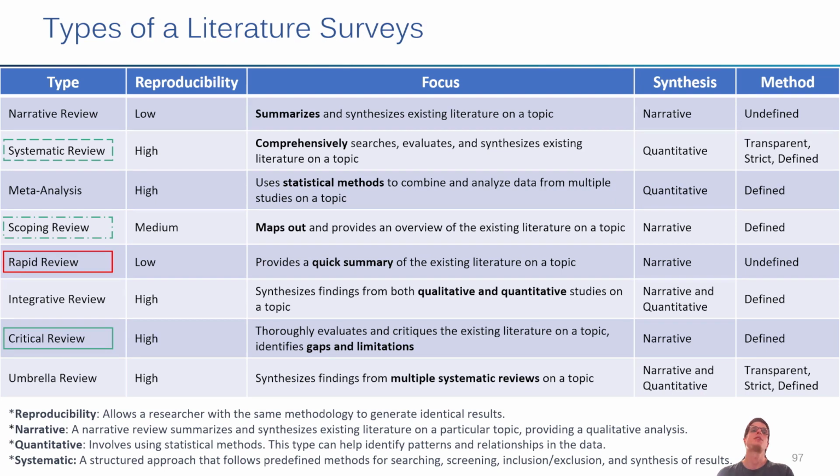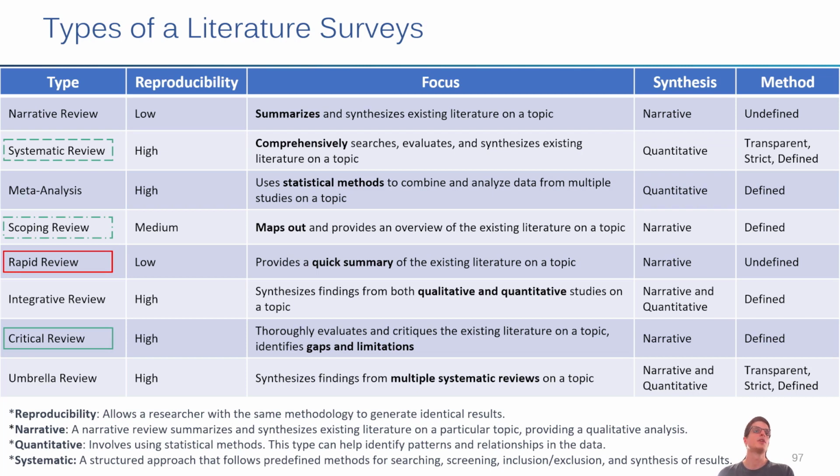But in the end, I would always recommend to open your method up to the reader, tell them which search engines you used, which criteria for inclusion and exclusion you used, how you screened the data, and how you assessed the quality of the papers you read. And this automatically makes it a stronger version than just a narrative review or just a rapid review.